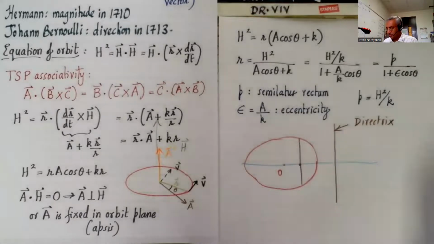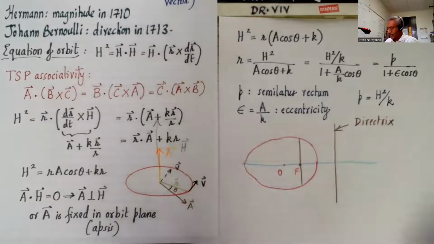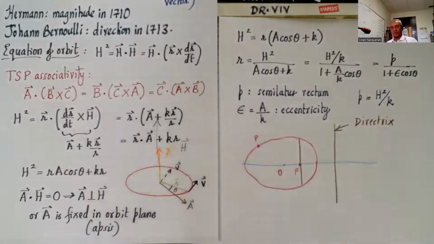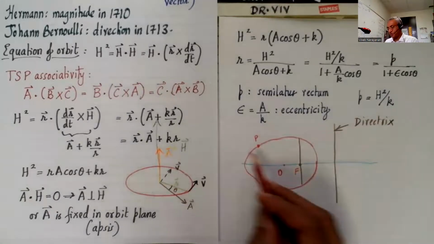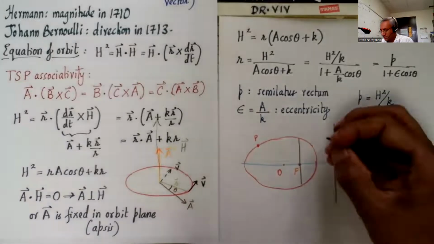Now, the sun is at one focus. I will label that focus as F. The planet is somewhere here. The radius vector at any given time is pointing from the planet to the sun. Let's imagine the planet to be over here. I want to use colors that show well.